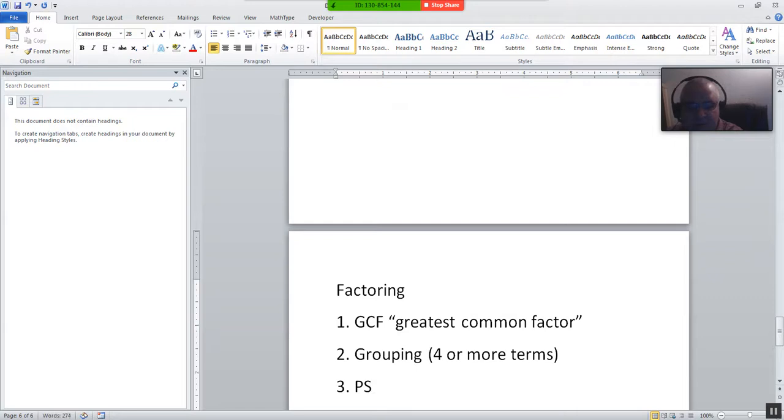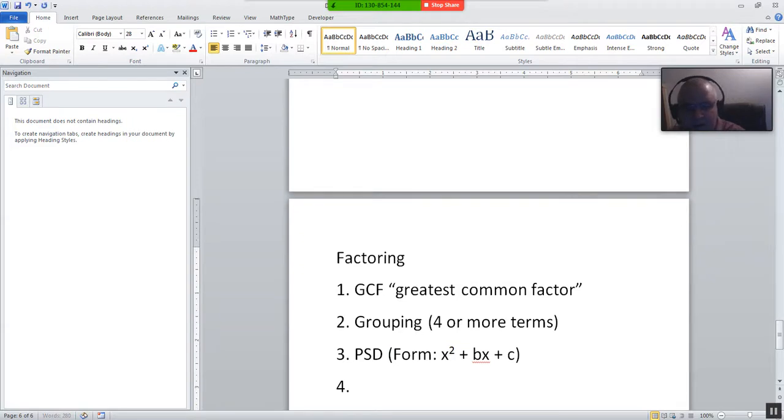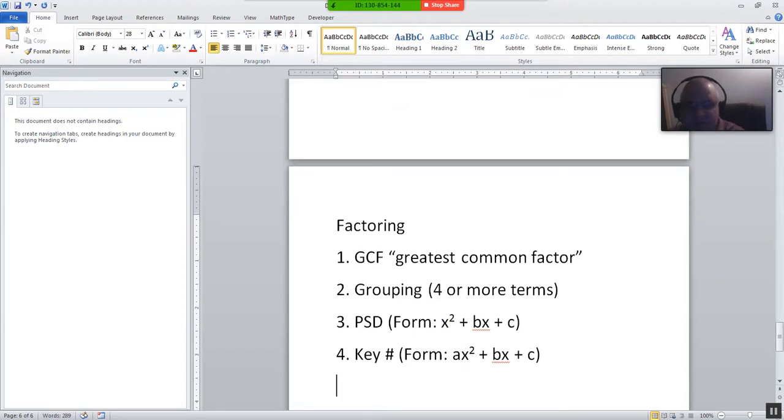Our third method we'll take a look at is one called PSD, and that's when it's of the form x squared plus bx plus c. We'll talk more about that. Our fourth method we'll talk about is key number, and that's when you've got the form ax squared plus bx plus c.